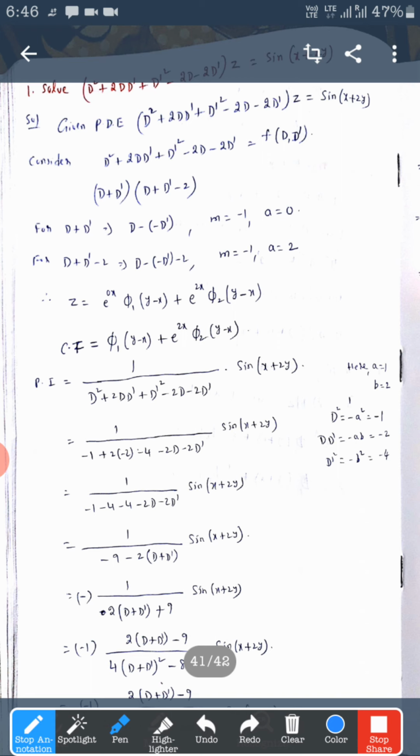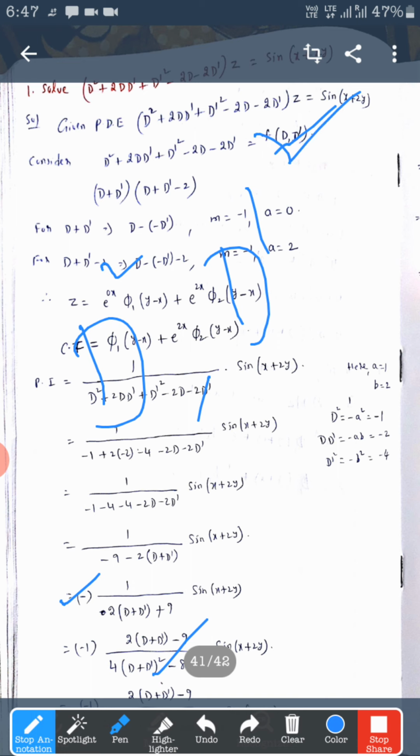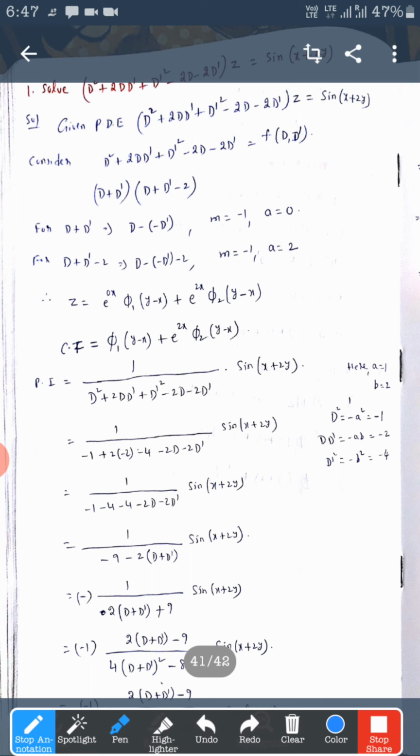After substituting these values, the equation changes into the form 1 by minus 9 minus 2 into D plus D dash. In the denominator, if you take minus common, that is minus 1. So this has become 2 into D plus D dash plus 9. In order to get D square and D dash square in the denominator, we have to conjugate this one, opposite sign with opposite sign.